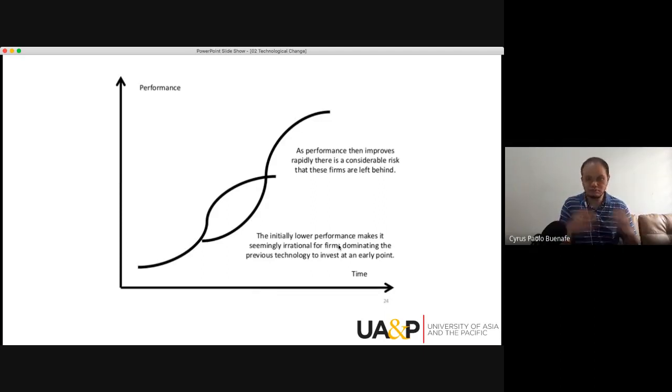Right? Typical of new technologies, you're starting to learn, you're getting a lot of resources, and performance is not quick in coming. But at some point in time, and this has been noticed by a lot of scholars and people working with technology, eventually technology B will follow the same trajectory as all the other technologies.